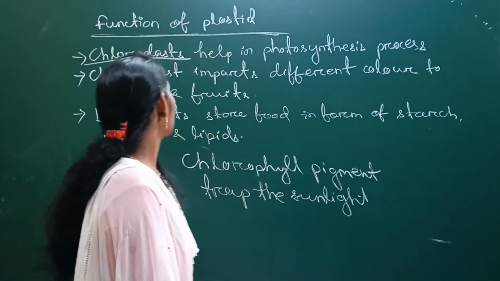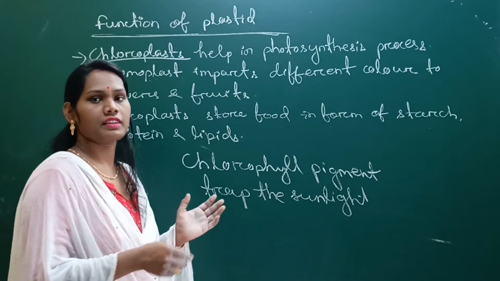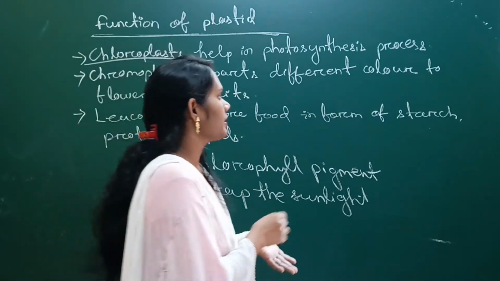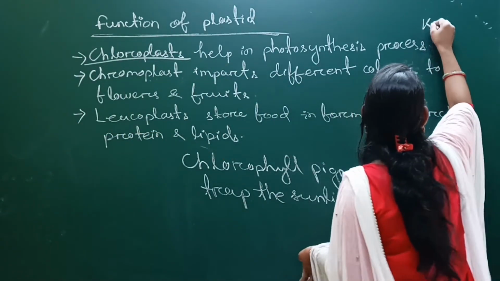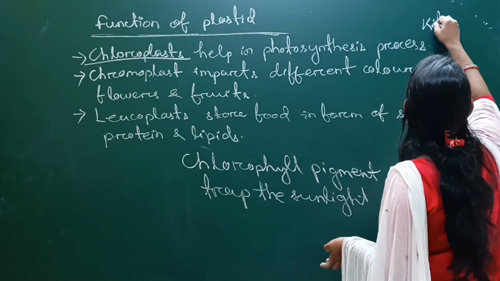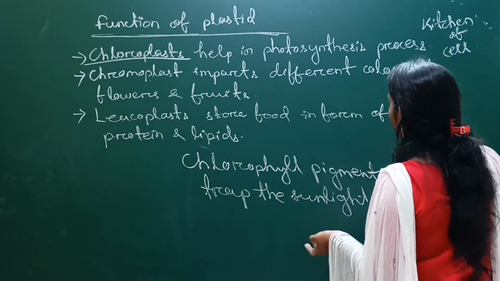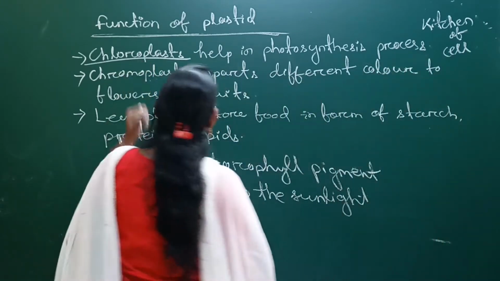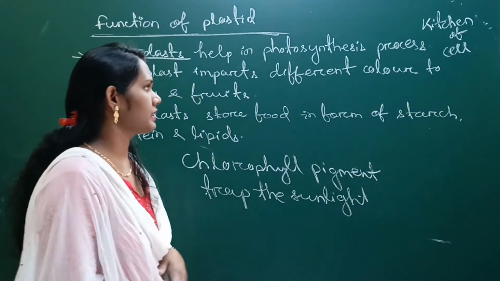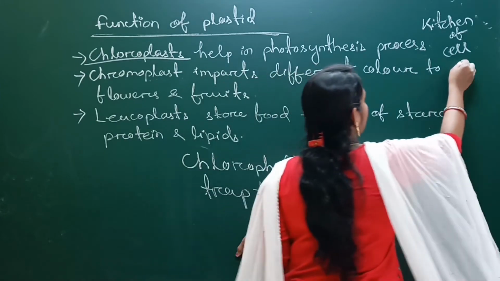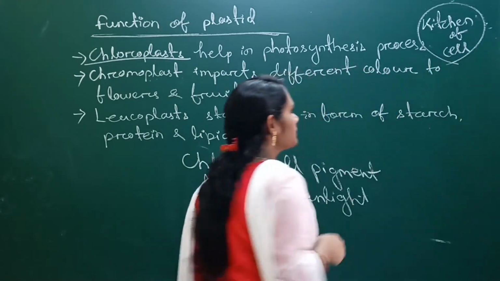So that's why chloroplast helps in the photosynthesis process, and it is called the kitchen of the cell. Kitchen of the cell, because the food is prepared particularly in the chloroplast plastid. That's why this plastid is called the kitchen of the cell.